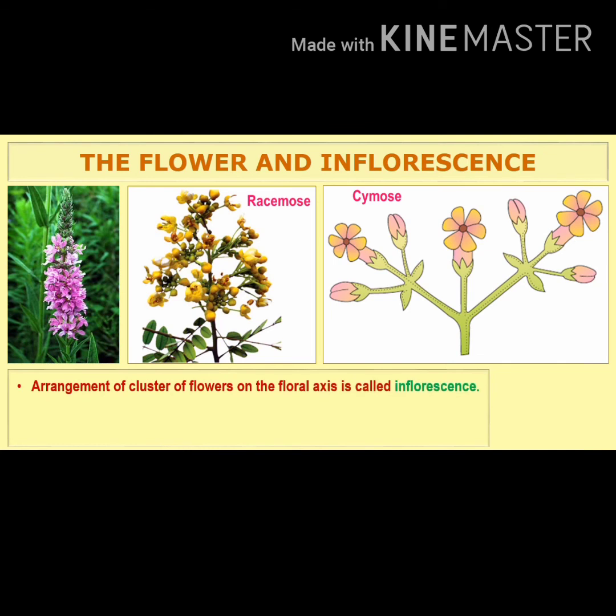There are mainly two types of inflorescence. They are racemose type and cymose type. This classification is based on whether the apex gets converted into a flower or continues to grow.